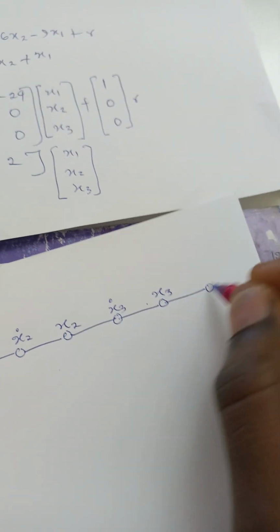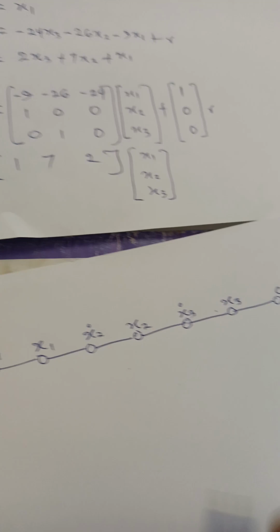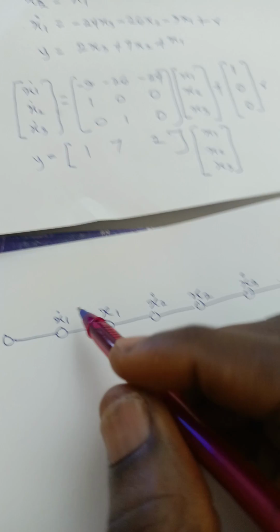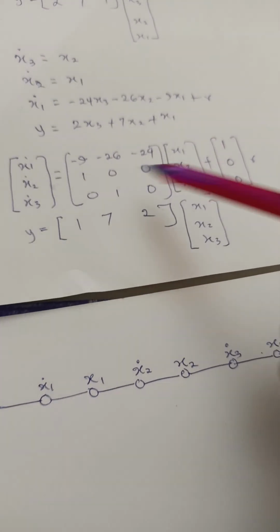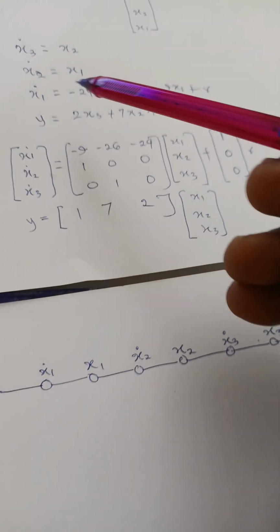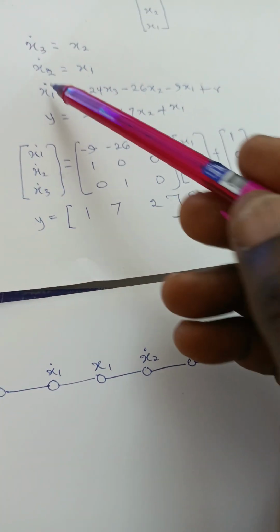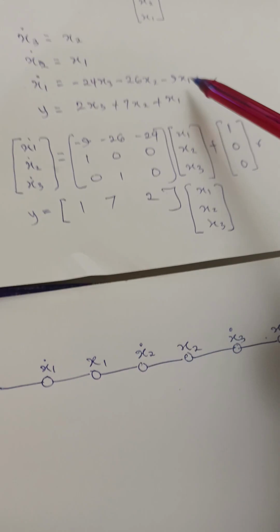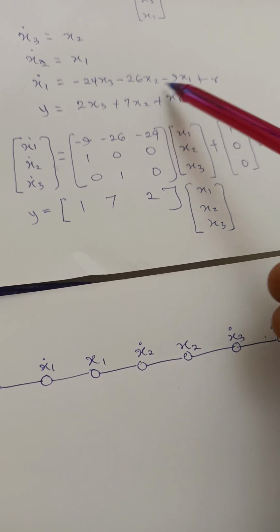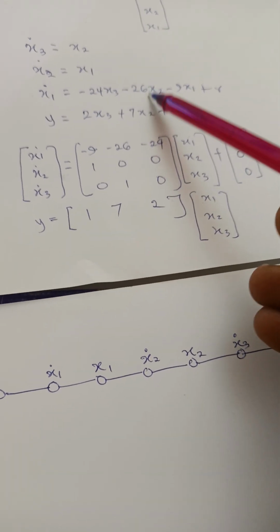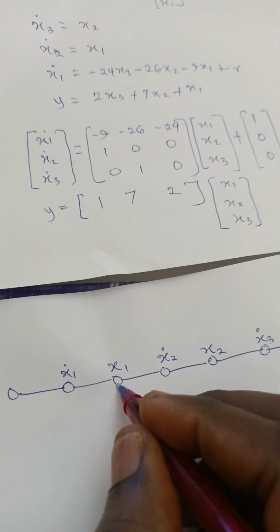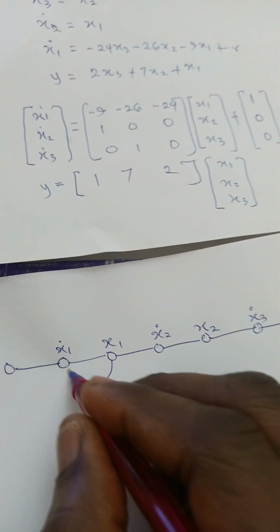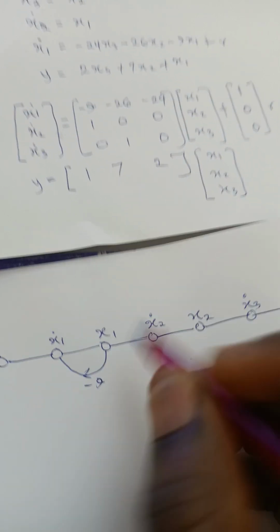Then before we find our C, what we are now going to do is link. We want to link x1 into 9x1, 26x2, and 24x3. So 9x1, we take it from here up to this, so that will be minus 9.